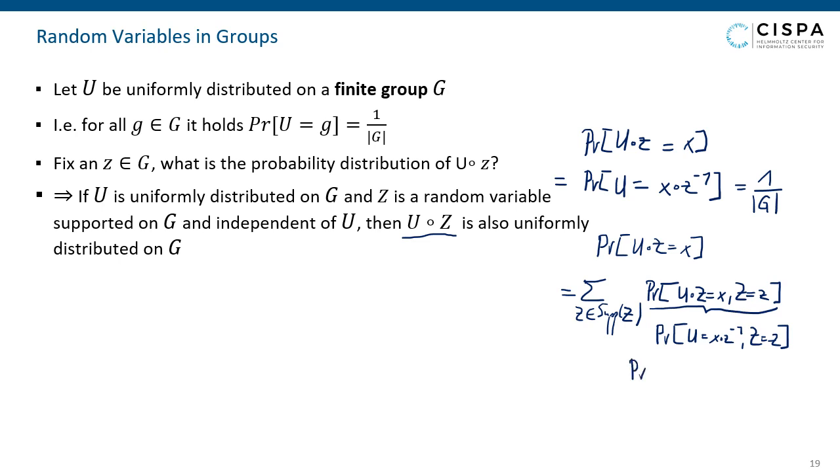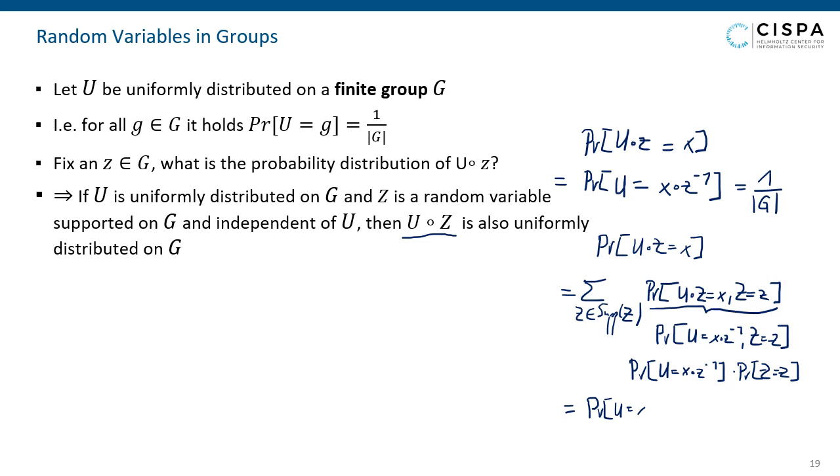That means we can write this probability as the probability that U equals X times z inverse times the probability that Z equals z.